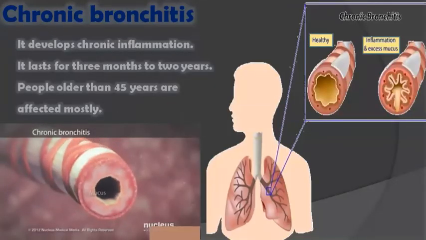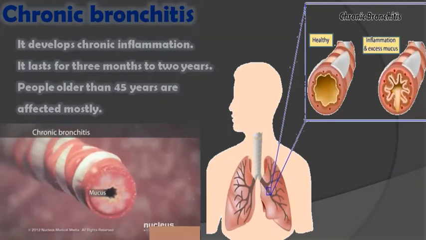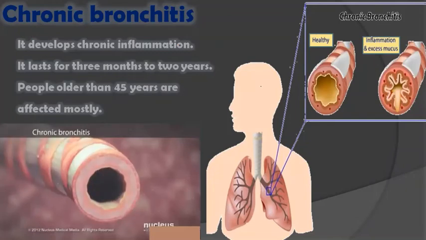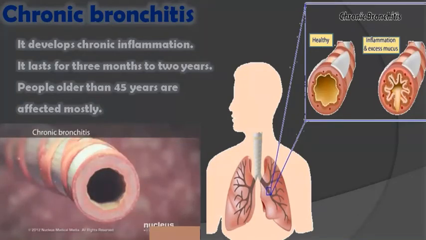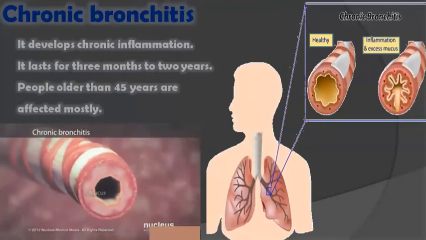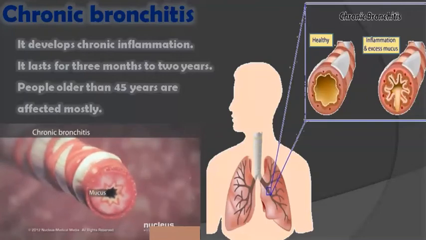But if we come to chronic bronchitis, what will happen? It develops chronic inflammation. You can see a healthy one, and the inflammation with excess mucus can damage the lining as well.